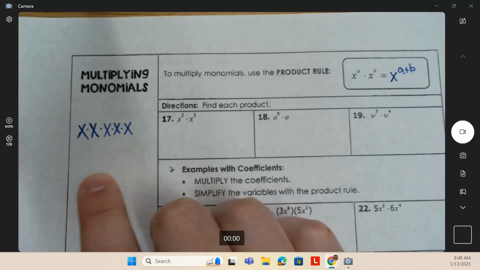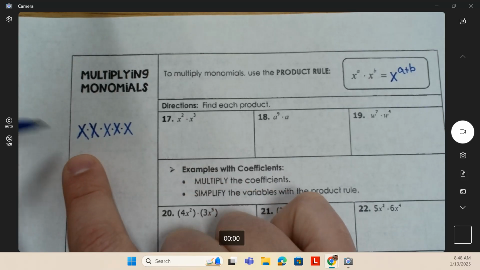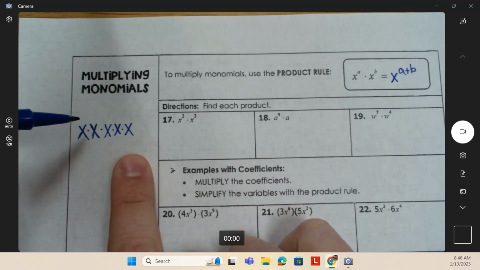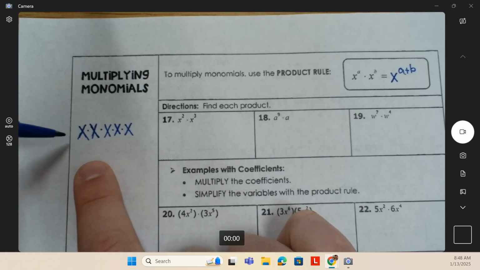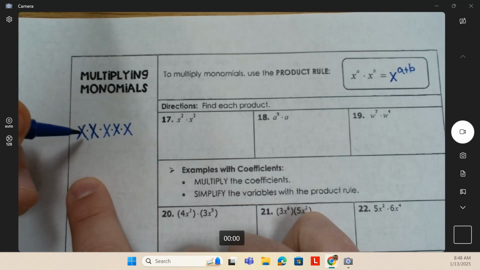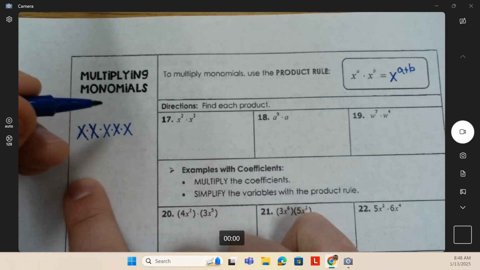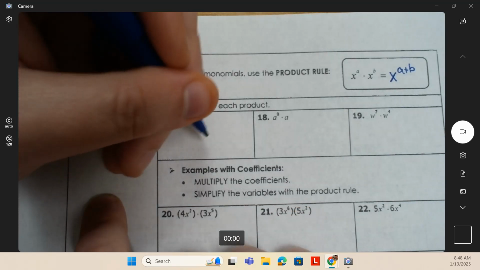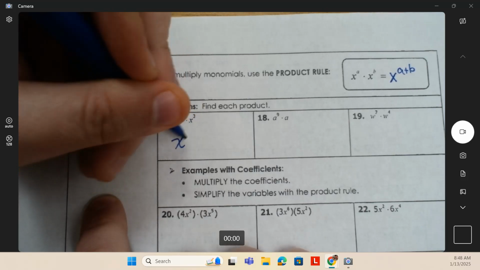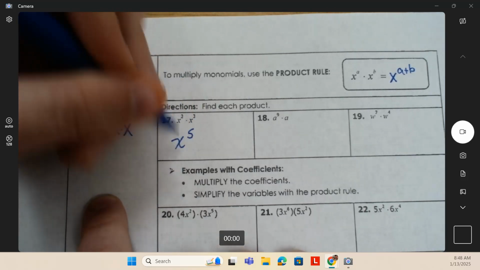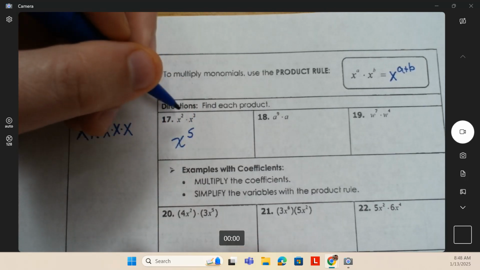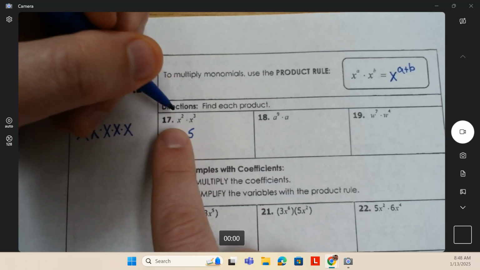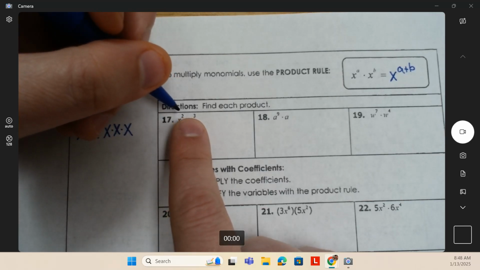It's really taking x and multiplying it together all those times. If I write it out like this, there's 1, 2, 3, 4, 5. So I know that would be x to the fifth. And if you notice, since I'm multiplying, all that I'm really doing is adding the exponents.